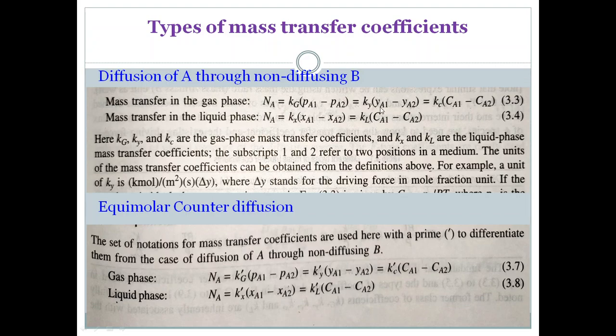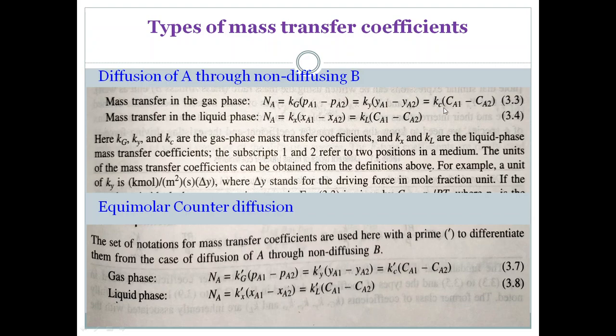If the driving force is mole fraction, y1 minus y2, that's small k subscript small y, ky. And if it is concentration, kilomoles per meter cube difference, then it is small kc.